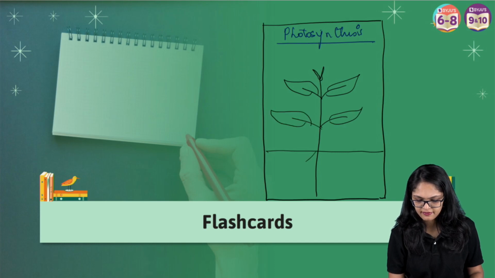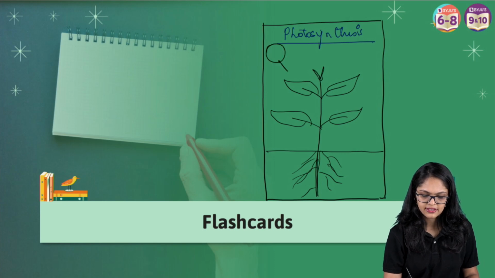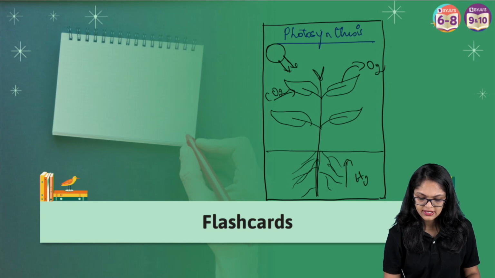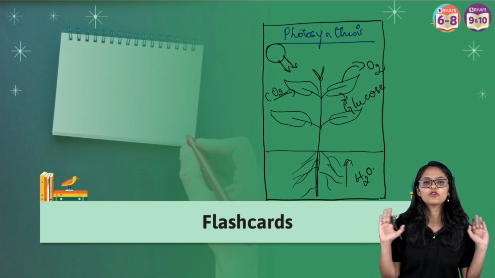But yeah. These are the roots. So in photosynthesis, sunlight is needed, carbon dioxide goes inside, oxygen comes outside, water goes inside and glucose is produced, right? Glucose. That's it. This is a photosynthesis flashcard.